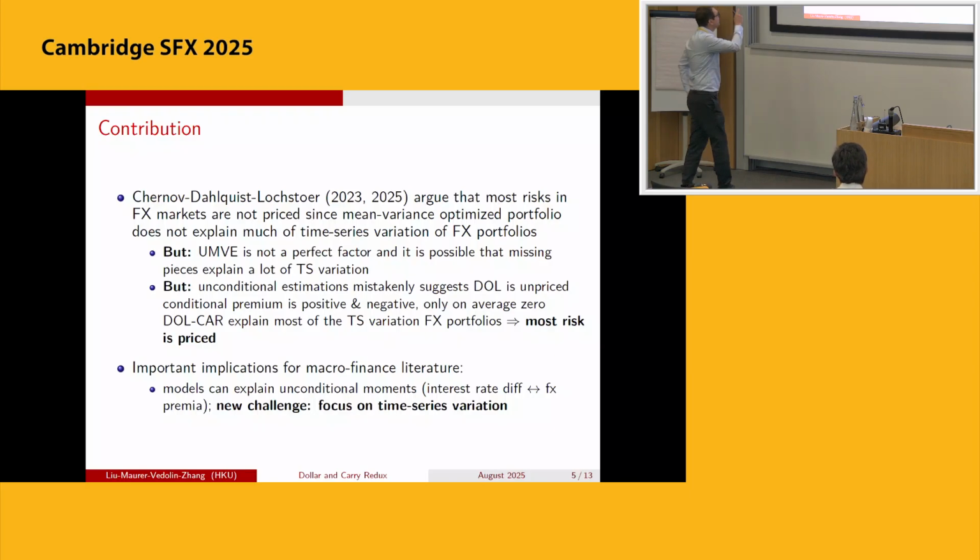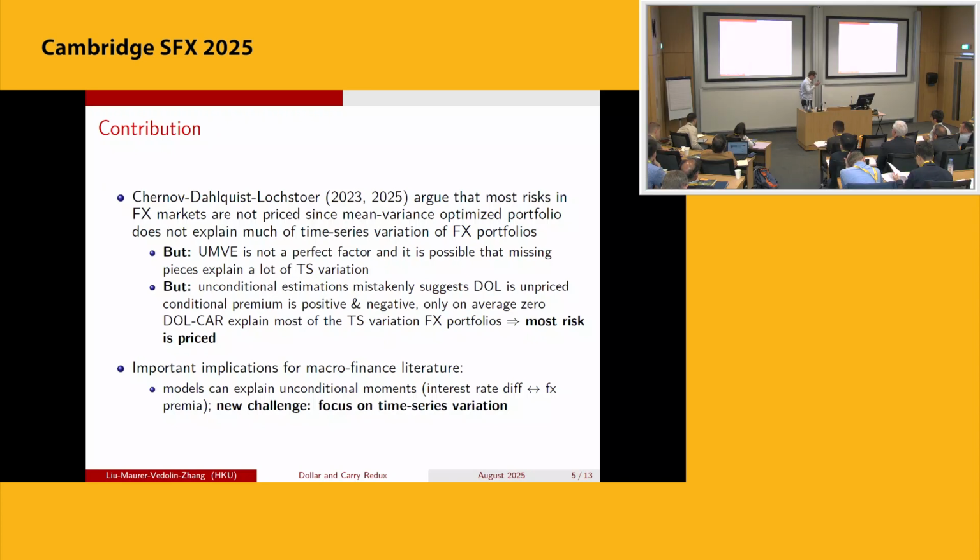Now, there's also another contribution, and this relates to a recent paper by Chernov, Dahlquist, and Lochster. Actually, they have 2 papers, one already published, one is a little working paper. And so they're building this mean variance optimized portfolio, actually very similar to one of my own papers. And they're saying, look, this identifies the SDF in FX markets.